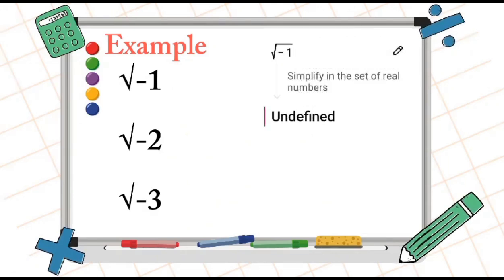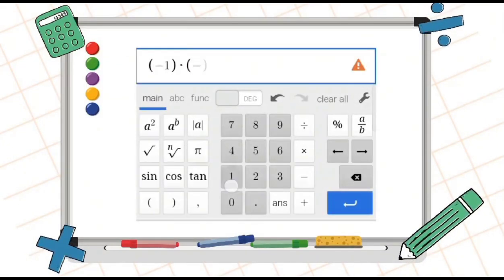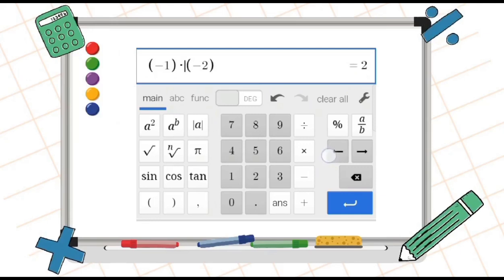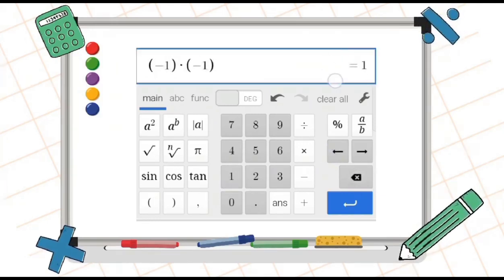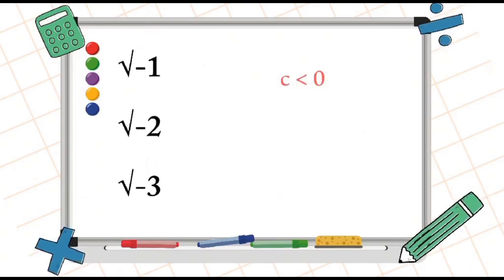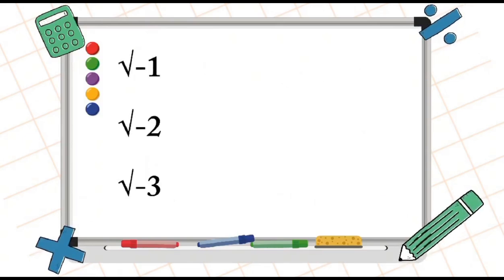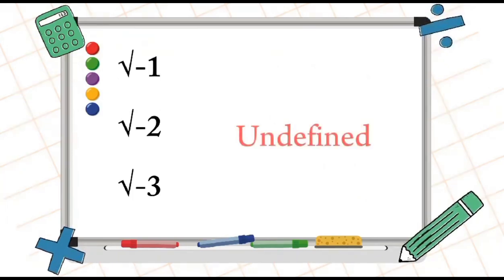This is because any number squared will produce a positive number. If you multiply a negative number to itself, it will become positive. So there is no true square root of a negative number. Therefore, if it is less than 0, the square root of negative 1, negative 2, negative 3 and so on, the answer will be undefined.